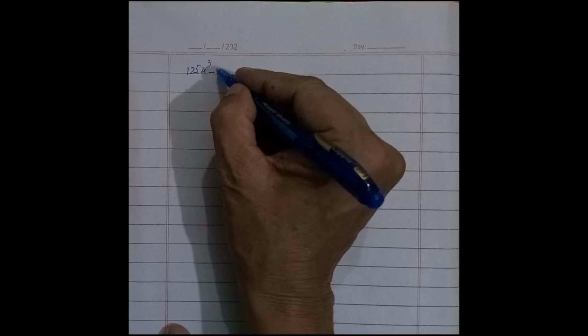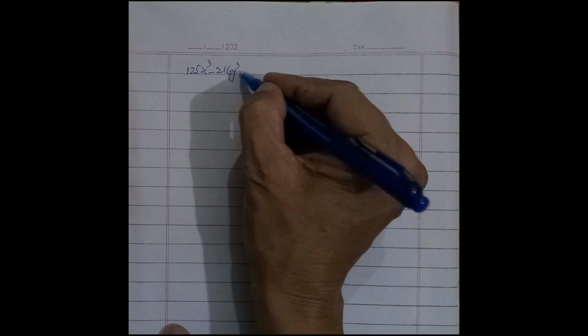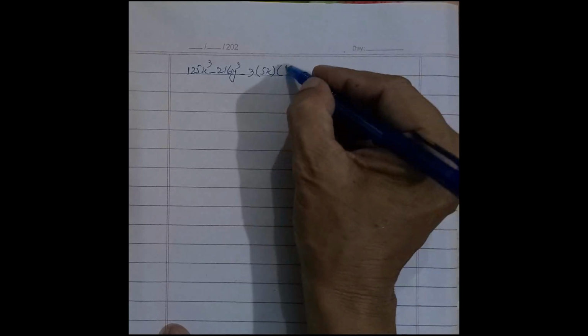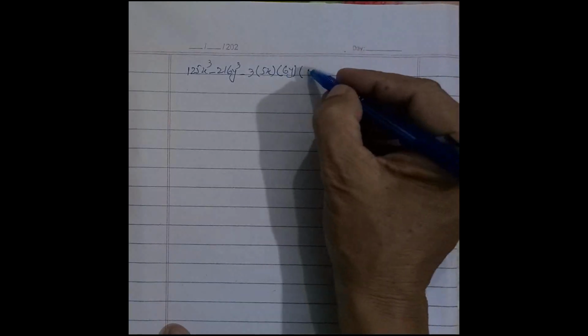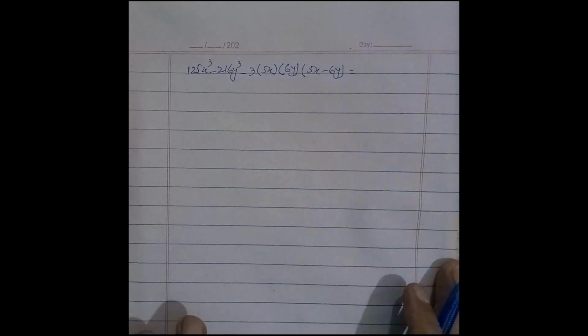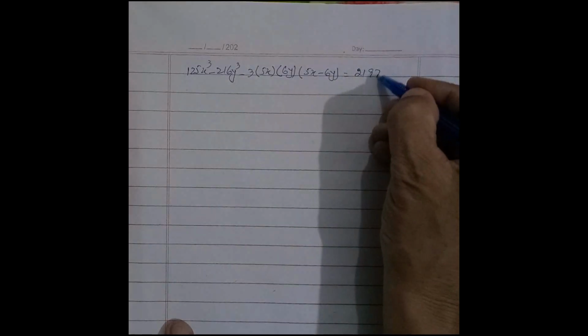125x³ minus 216y³ minus 3 into 5x into 6y into 5x minus 6y is equal to, we take cube of 13, which is 2197.